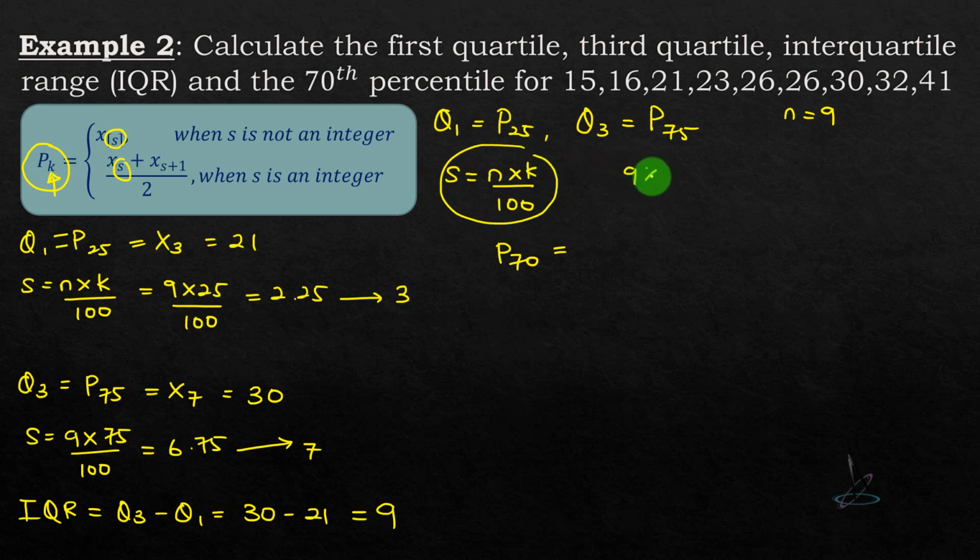So 9 multiplied with 70 over 100 is equal to 6.3. Again, 6.3 is not an integer, so we round it up to the nearest integer, which is 7. So this is x of 7, which is equal to 30 as well.